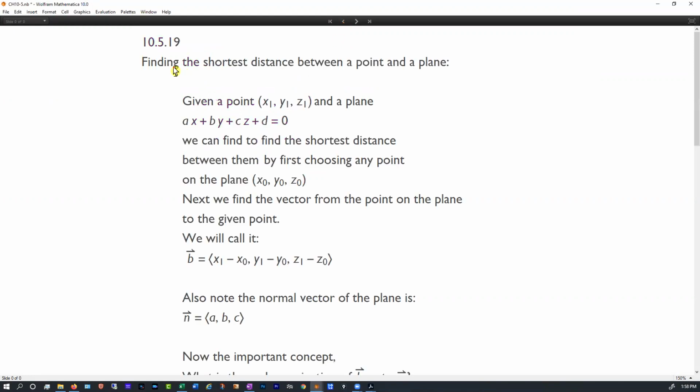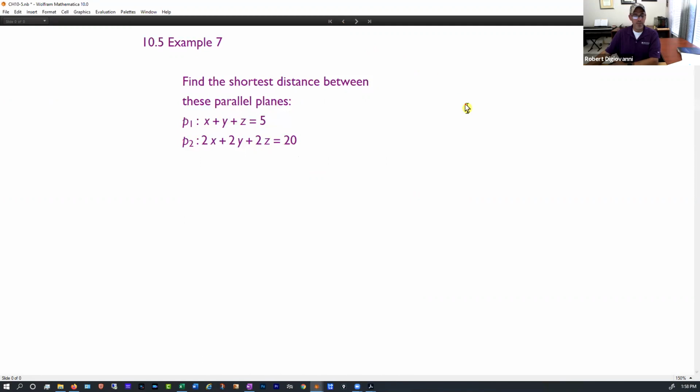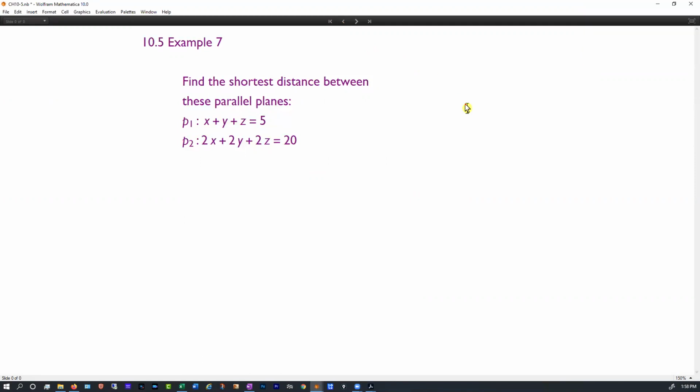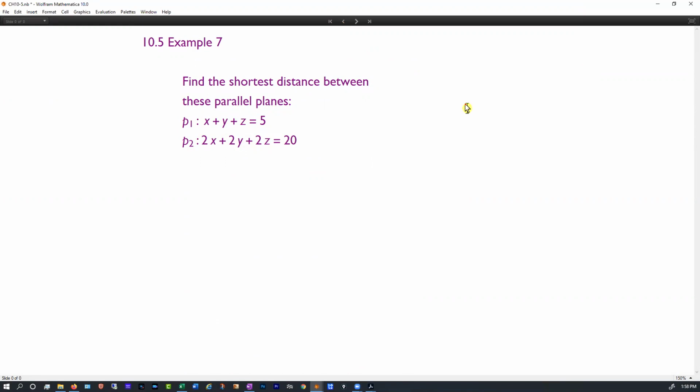Because the note said the distance between a point and a plane. I'm asking you for the shortest distance between two parallel planes. Well, if they're parallel, then the distance between the two is absolute no matter where you stand. So we just have to pick a random point for either one of these equations that satisfies them, and then find the distance from that point to the other plane.